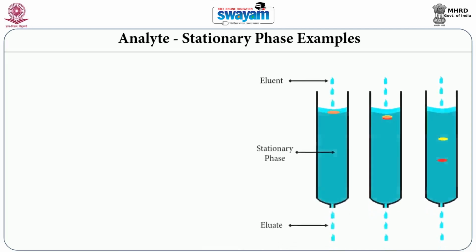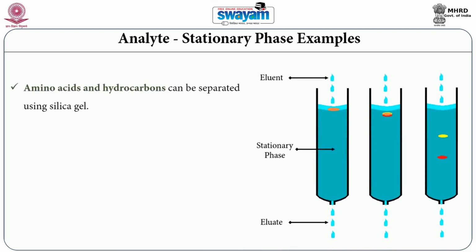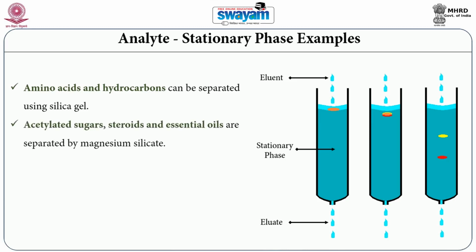Now, we have listed here some examples. Silica gel is typically used for separation of amino acids and hydrocarbons. Remember, we also used paper chromatography for silica gels. Then magnesium silicate stationary phases are often used for acetylated sugars, for steroids and essential oils.